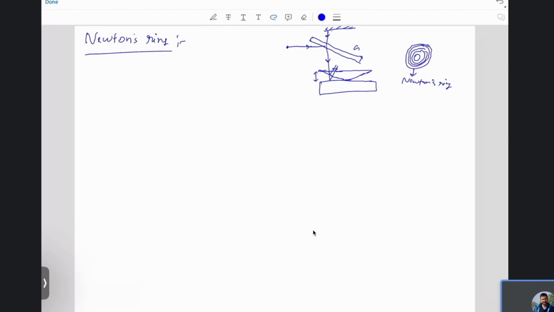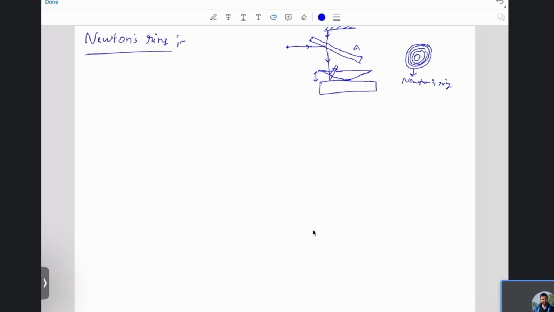Okay, and there are many properties of these rings, so I'll just write those properties. I'm not going to write the detailed derivation.